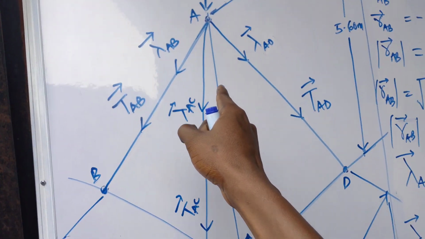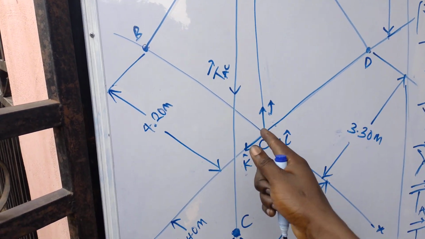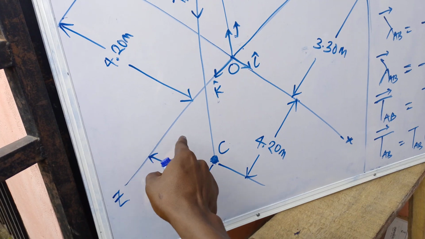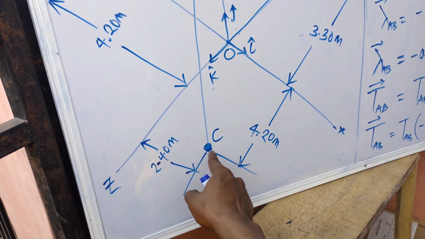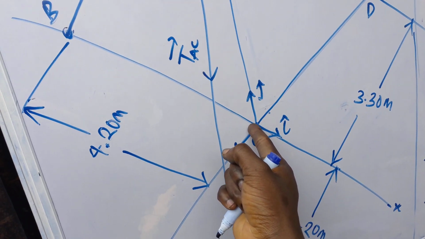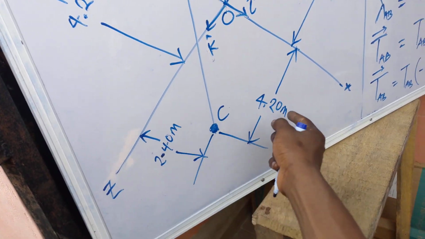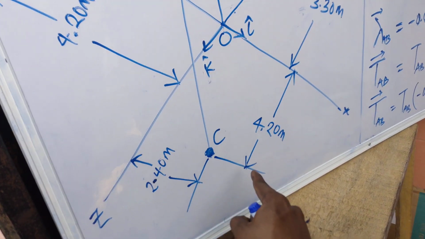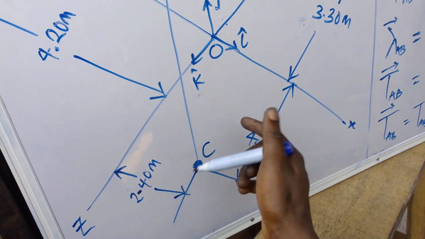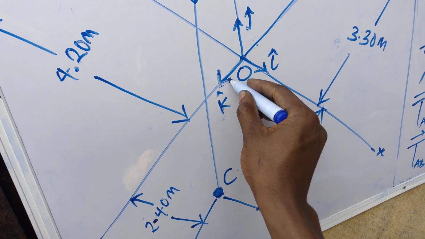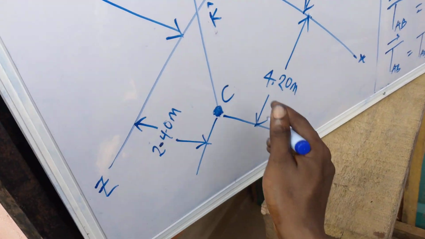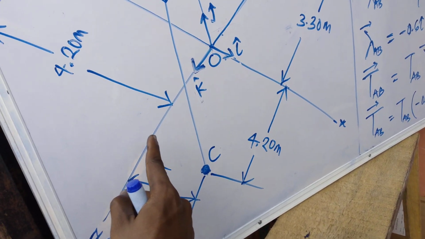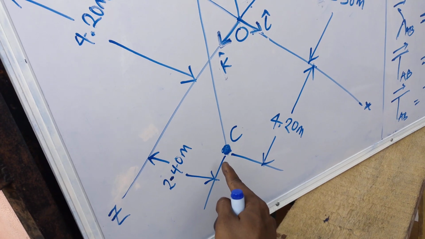Then I move like this, plus 4.20 K. I go this way to point C, plus 2.40 I. Now you see the direction of the arrowhead: the direction of K coming like this is positive, and going like this is also positive I. So from here, plus 4.20 K, and I go like this to point C, plus 2.40 I.